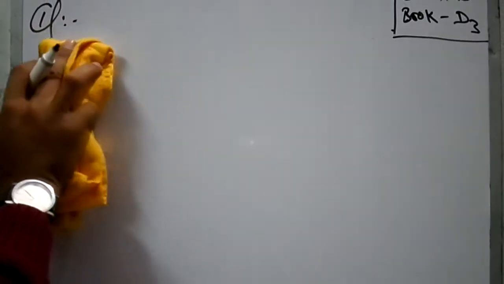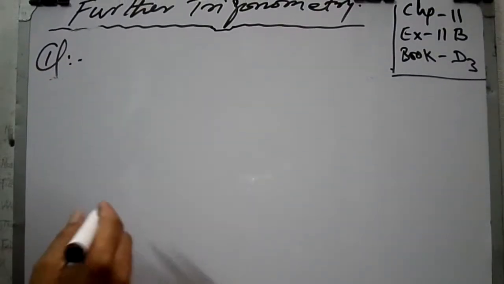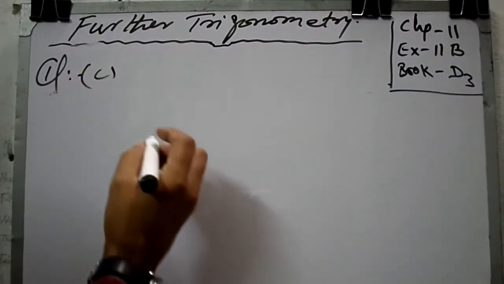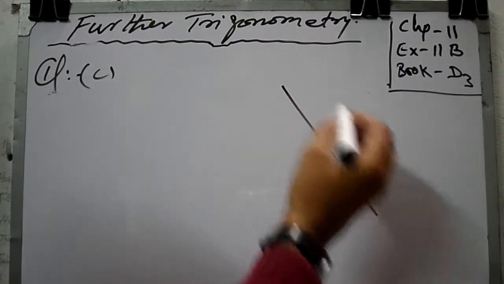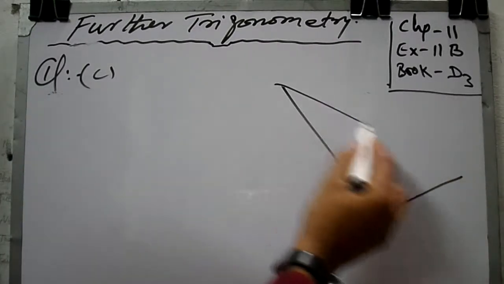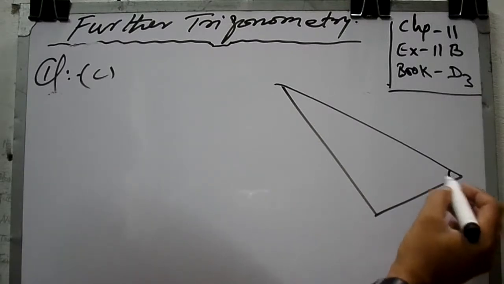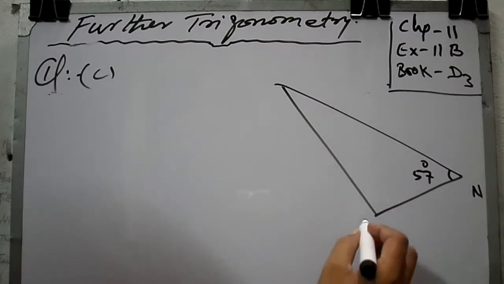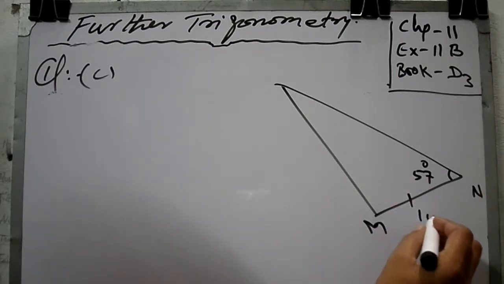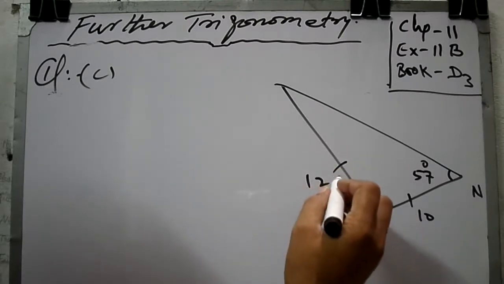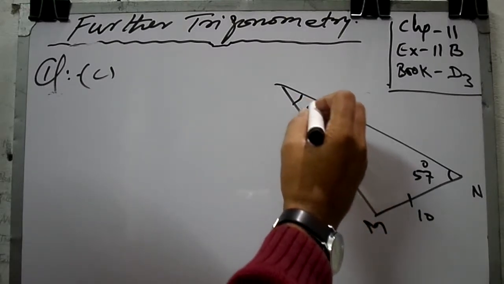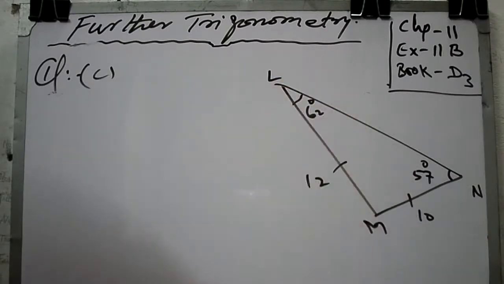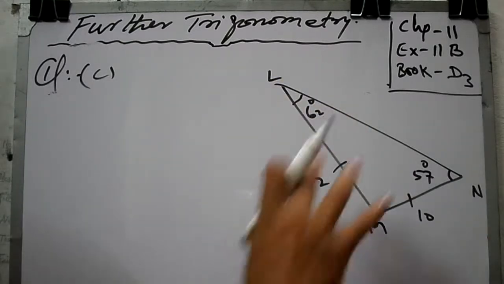Now coming to part number C. Once again you have to draw the triangle first, then you see that is your 57 degrees and that is your 10, that is your 12, 62 degrees, and the value is given to us.